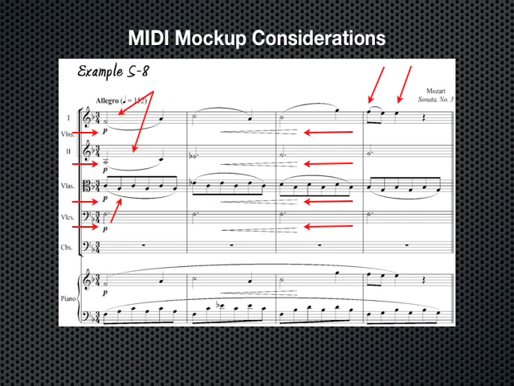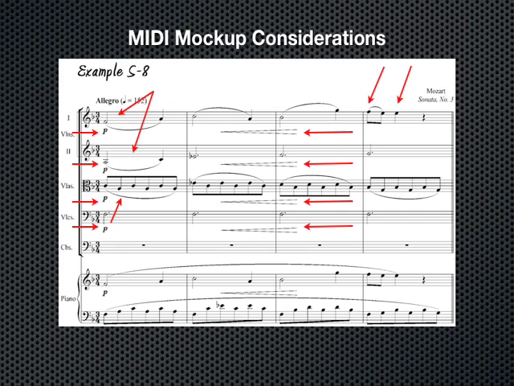So again, there's a lot of work. Just for these four bars, you could be looking at two or three hours of work. Doing an effective, quality MIDI mockup really takes time. Let me tell you, it's faster to print out the parts, put them on the stands, and have players play them. But that's not how budgets are going.